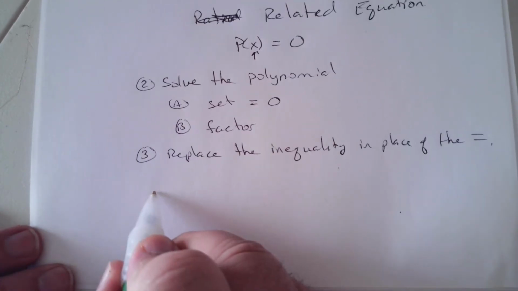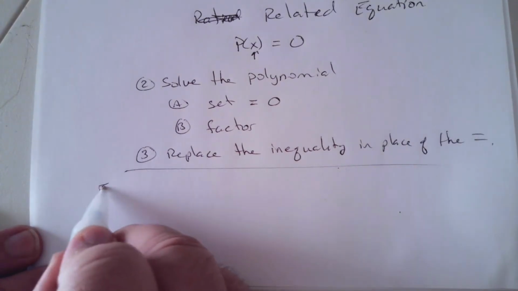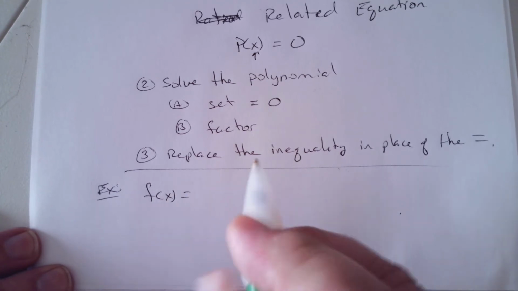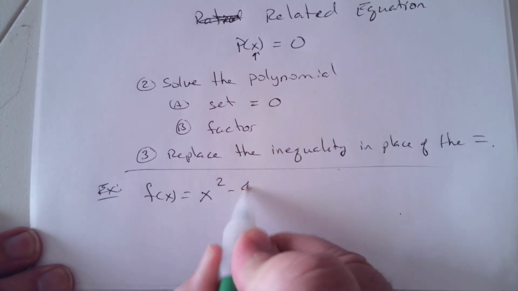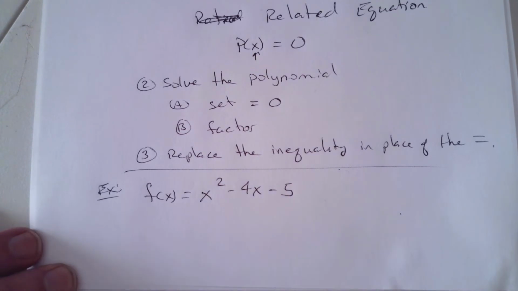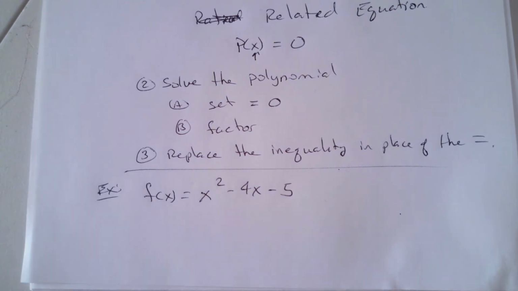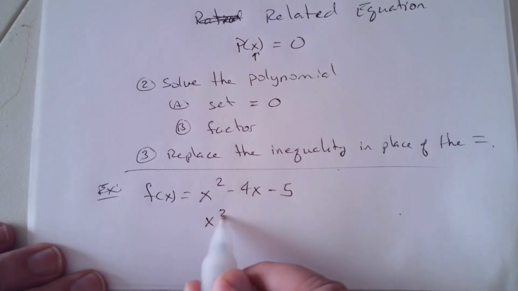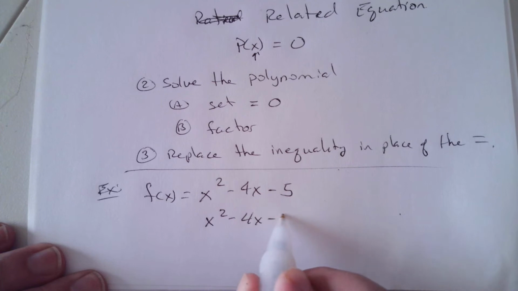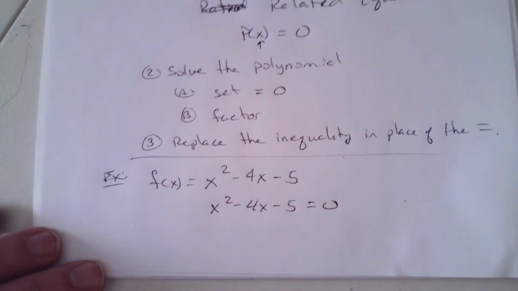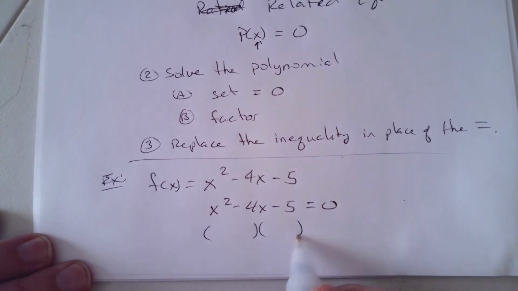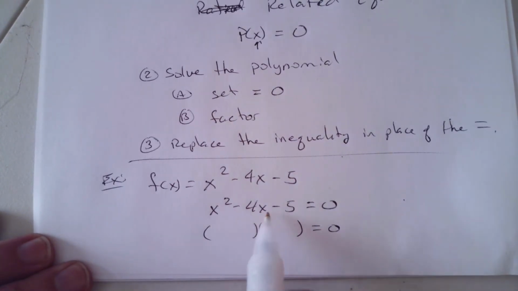Alright, so for example, say our first polynomial is f of x equals x squared minus 4x minus 5. You said solve it. So the first thing we have to do is set this equal to 0, and we factor it. Remember, it's the middle letter that goes in here and here.